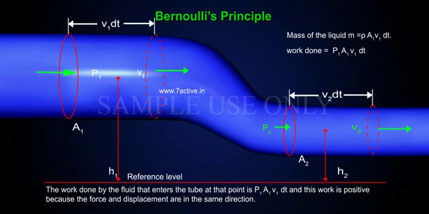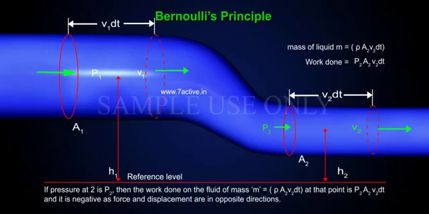the same direction. If pressure at 2 is P2, then the work done on the fluid of mass m is equal to rho A2 V2 dt. At that point is P2 A2 V2 dt, and it is negative as force and displacement are in opposite directions.